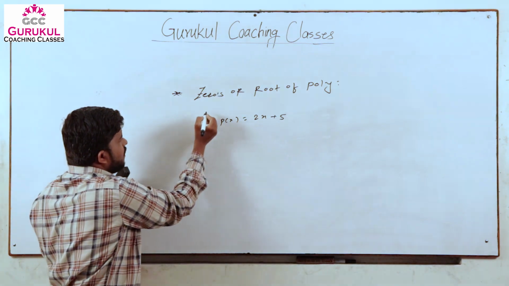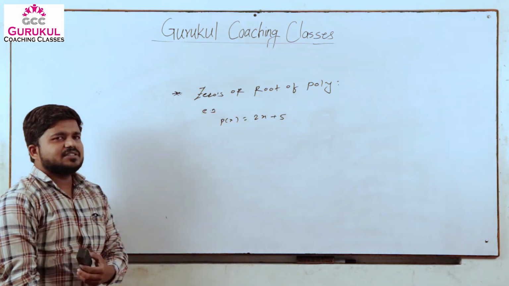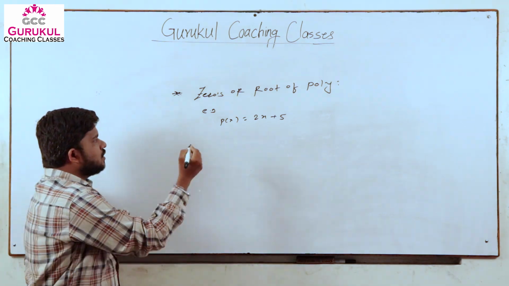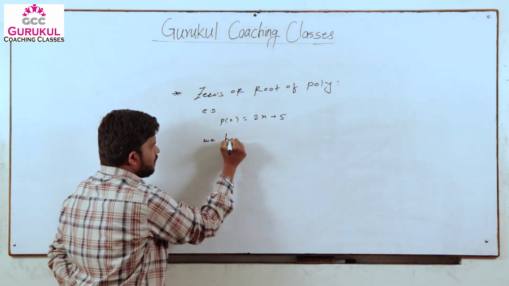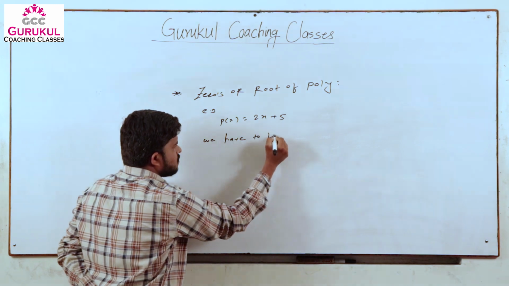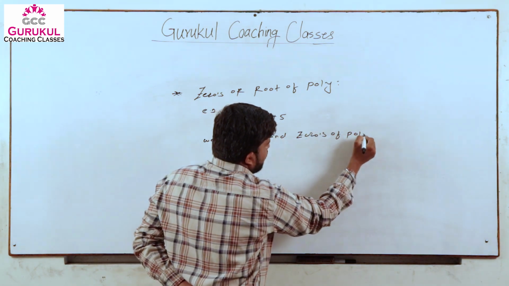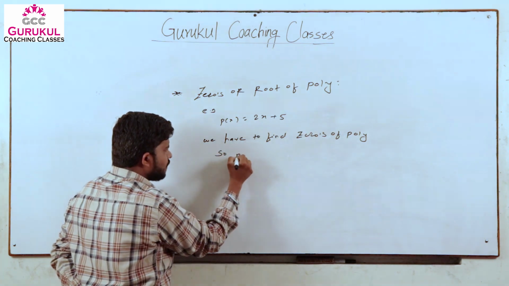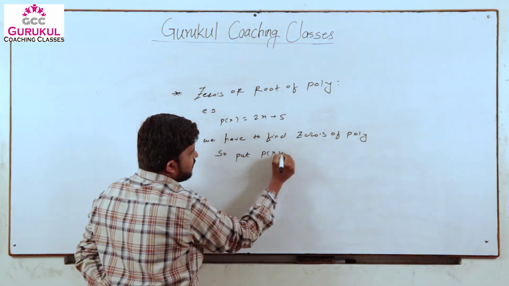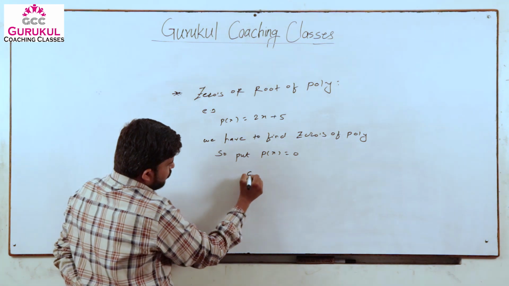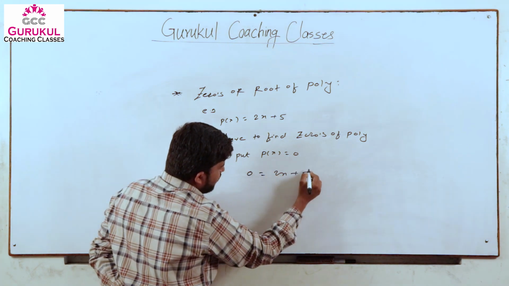So take one example. P of x is equal to 2x plus 5. We have to find zeros of polynomial. So put P of x is equal to 0. So 0 is equal to 2x plus 5.